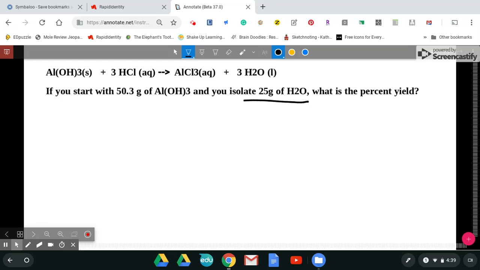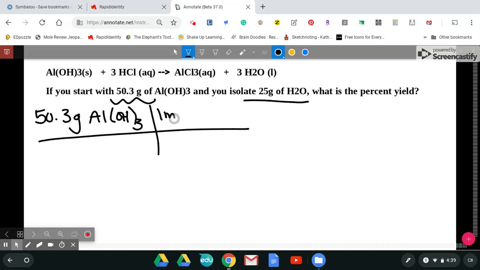All right, so let's start with 50.3 grams of aluminum hydroxide. Get the mass: 1 mole is going to equal 78 grams of aluminum hydroxide.